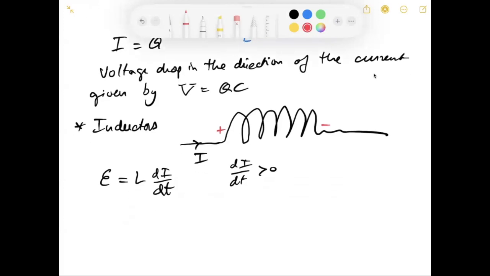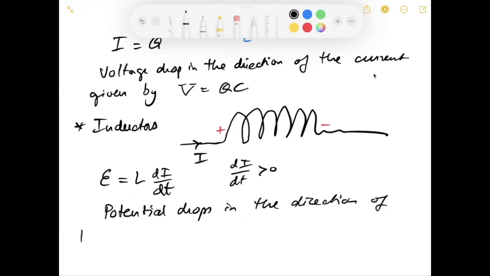Okay, so the potential drops in the direction of the current, and that fixes the sign.